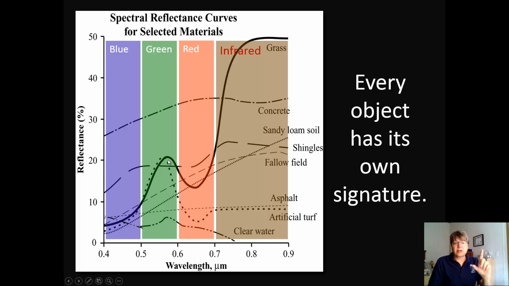So if you have a satellite going overhead and it gets a picture of a football stadium, it will show up. Our satellites are actually picking up not only blue and green and red visible light, but we have infrared sensors on there, and it tells us how much infrared is being reflected.